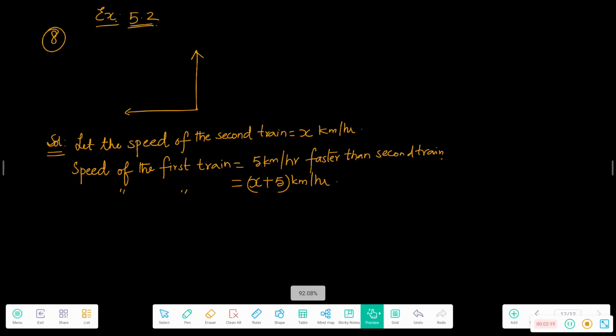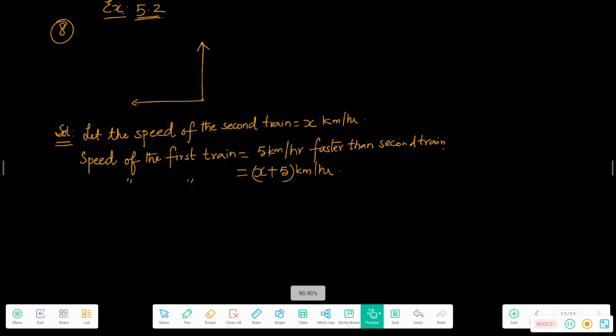Now what we are required to find: after 2 hours they are 50 kilometers apart. So we need to find how much distance the first train and the second train have traveled after 2 hours.